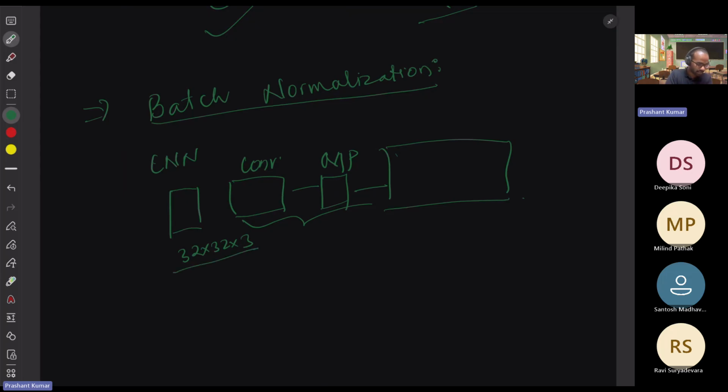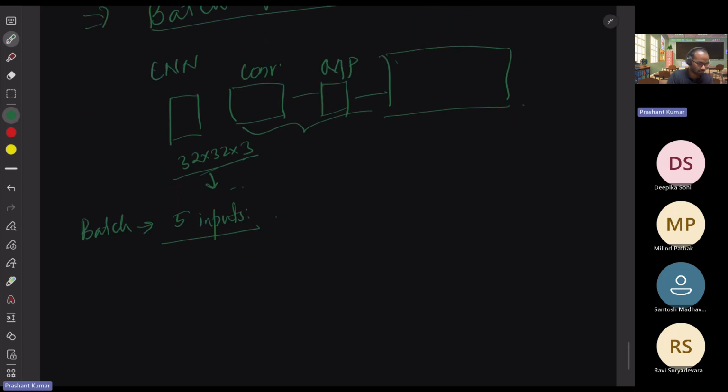However, this is one input. But when we talk about batch normalization, we say we have a certain number of inputs going inside the network. So let's say in my batch I have 5 inputs. In that case, my input dimension will be 5 cross 32 cross 32 cross 3, right?